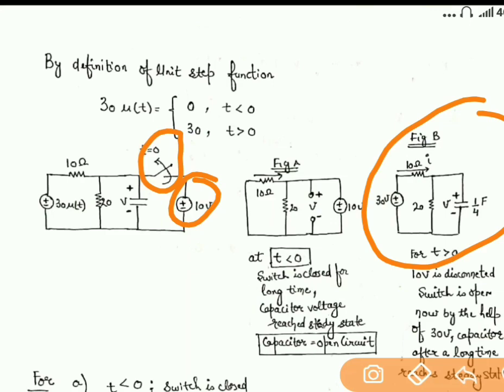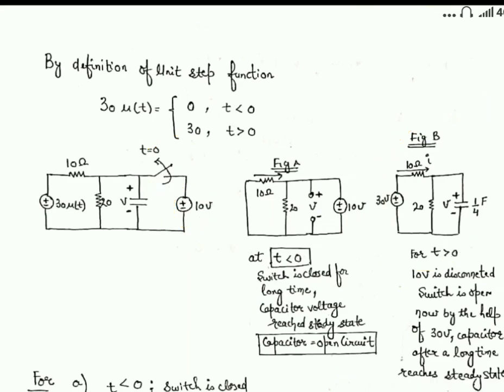So the final value, the steady state value of the capacitor, you have to determine with respect to 30 volts. So in figure A and figure B, we can easily calculate the initial voltage and the steady state voltage.